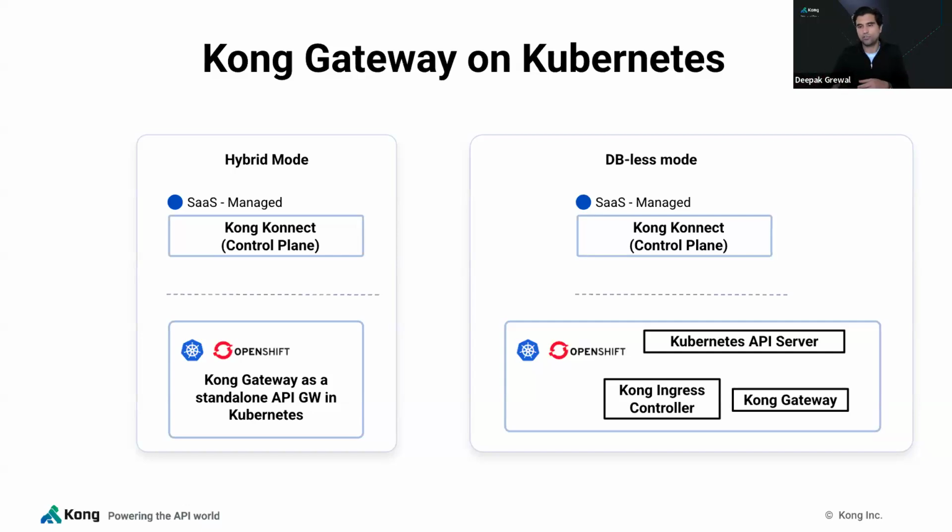So all the configuration is stored in the Kubernetes API server. You still have our managed control plane for things like analytics, but you would manage that Kong gateway using Ingress resources. So those are the two main ways of deploying Kong's API gateway within Kubernetes.